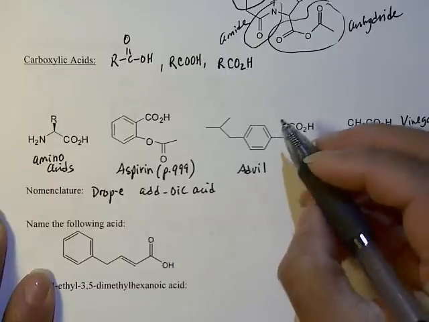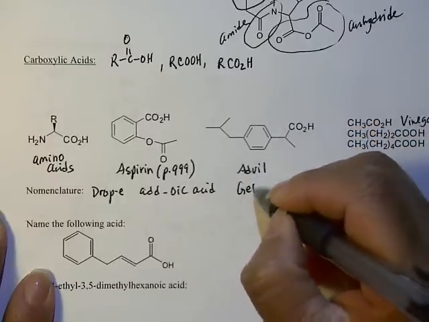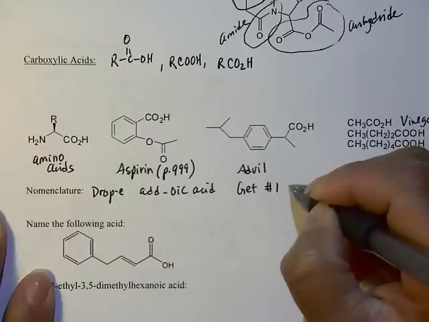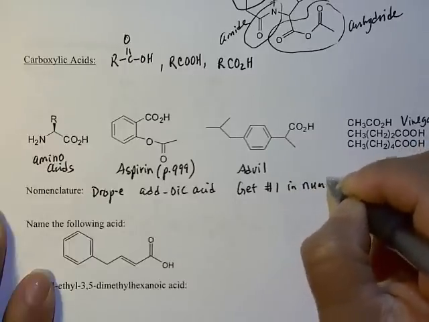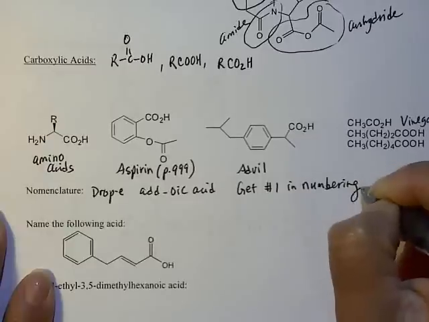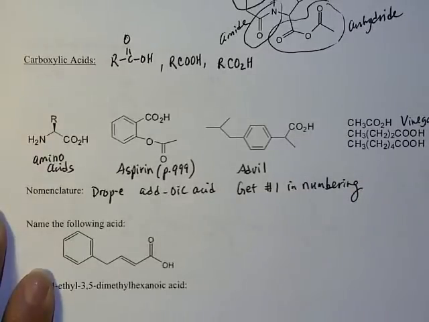So it will always get number 1 in numbering. And you number from there to the other carbons, and all the other functional groups will be named as substituents, because they have lower ranking.